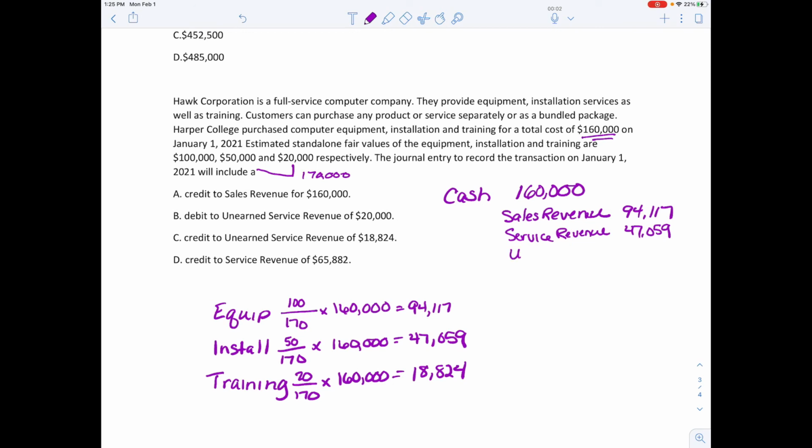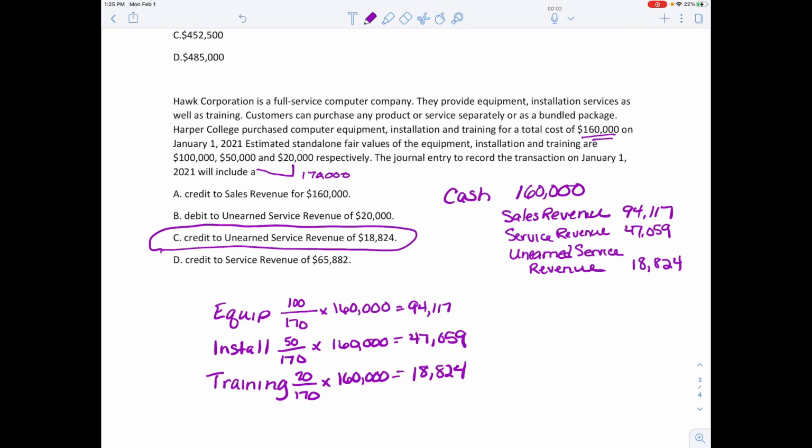So that would be credited to the unearned service revenue account until it is actually earned. For that full 18,824. I see that credit to unearned service revenue here, and then I know I most likely did it right because I can find that answer.